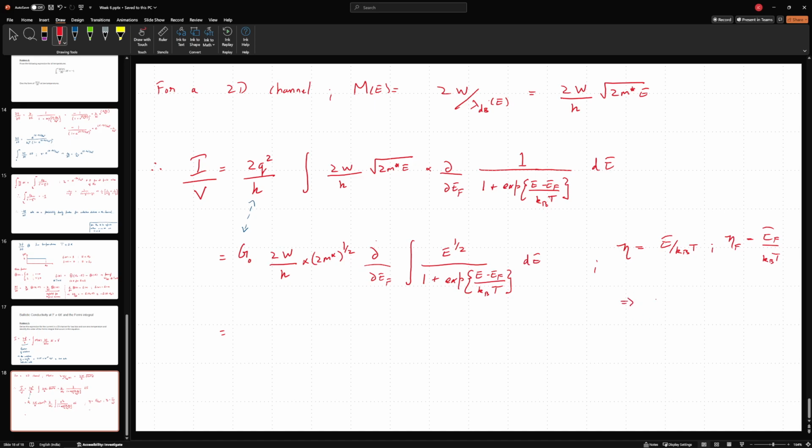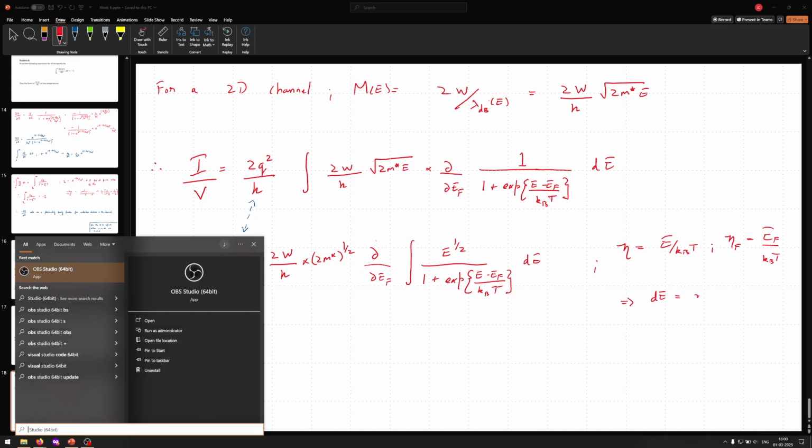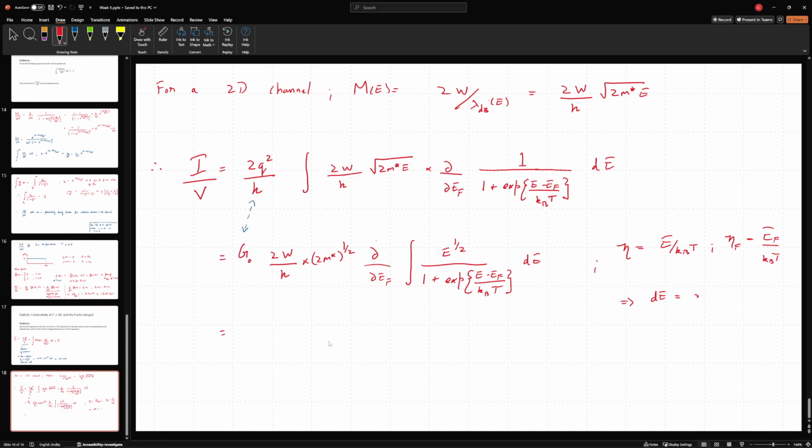So this implies dE is equal to KBT times d eta, and d eta F is equal to dEF divided by KBT.